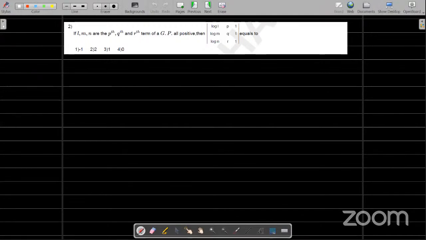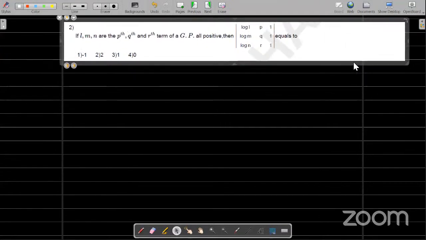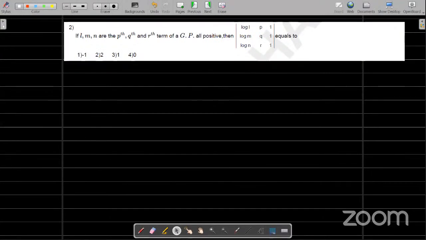First of all, one of the important things to realize is, if you look at L, M, N here, if you are not able to see this, I'm assuming, see, this is log L, M, and N. Okay, so those are the terms of the geometric progression, which are the pth, qth, and rth terms. So the p, q, r is here 1, 1, 1. So what is the approach for this? One of the key important things to remember is what is a geometric progression?